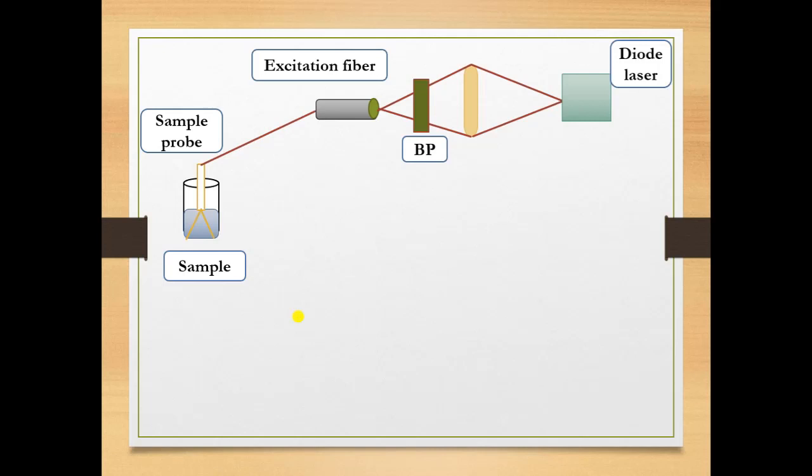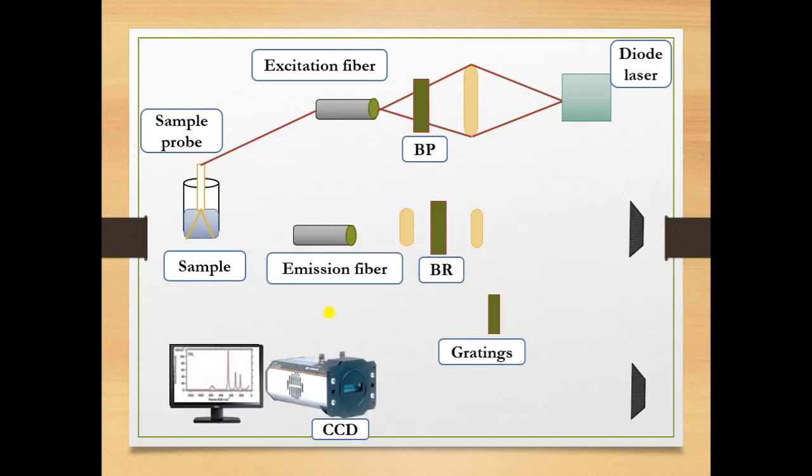After that it will come to the sample. Now we will get a Raman scattering. Now this Raman scattering radiation is passed to the emission fiber. From this emission fiber, it will come again to the lens.